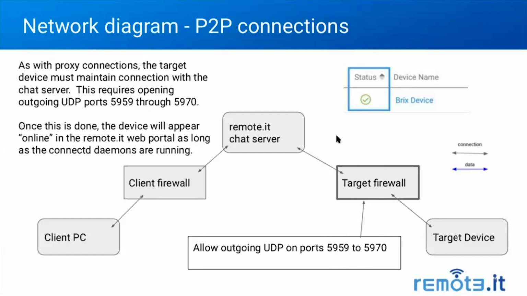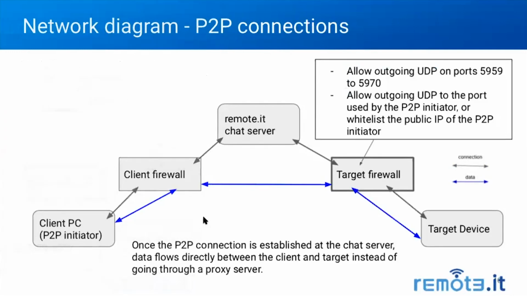When you actually make the connection from the client side using either the desktop application or the peer-to-peer initiator mode of the connectee daemon, then rather than going through a proxy server, you have a direct data connection from the target device that goes directly to your client firewall and back here. So in order to allow that to happen in your target firewall, you can take one of two approaches.